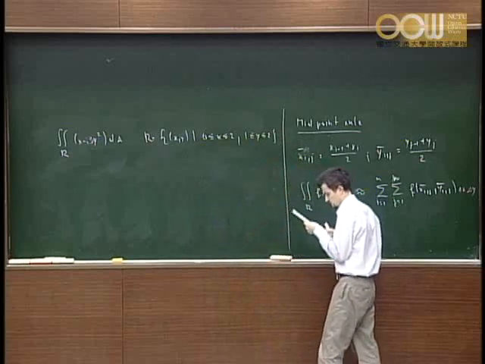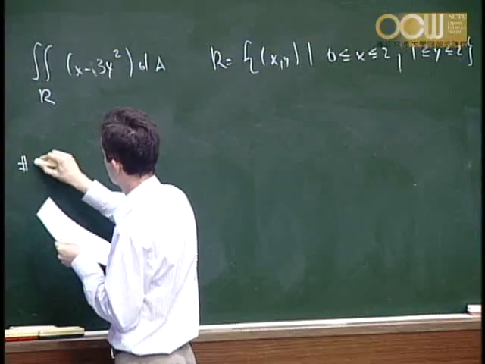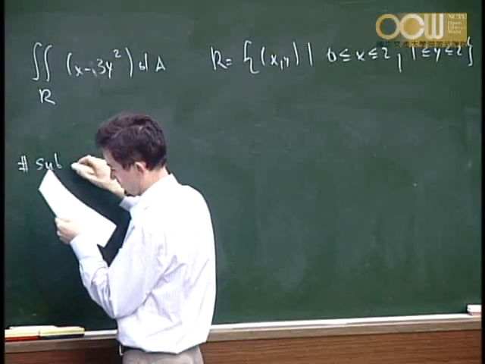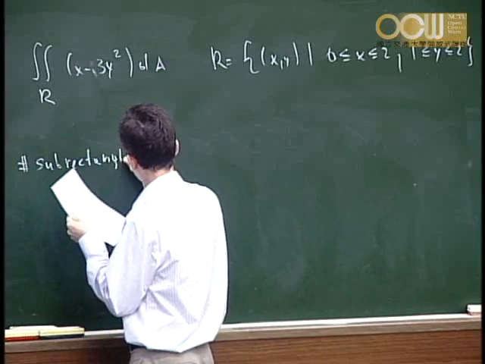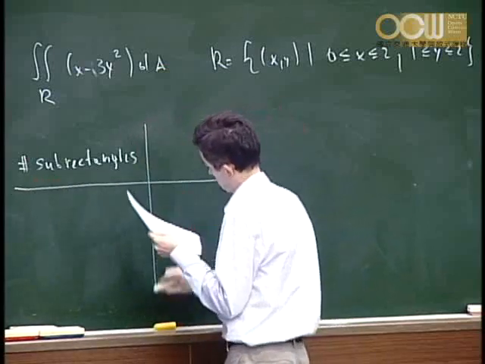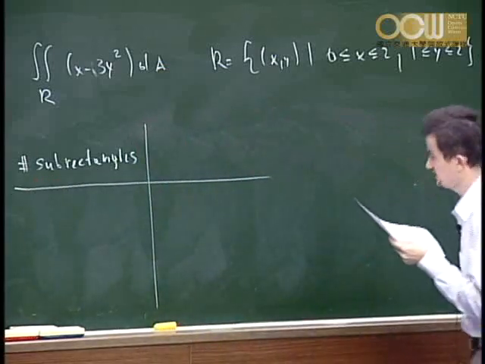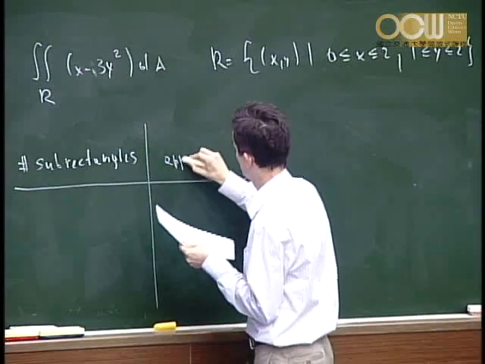Okay, so this is the rectangle we are looking at. Now, depending on the number of sub-rectangles you use for the subdivision of R, you get an approximation.